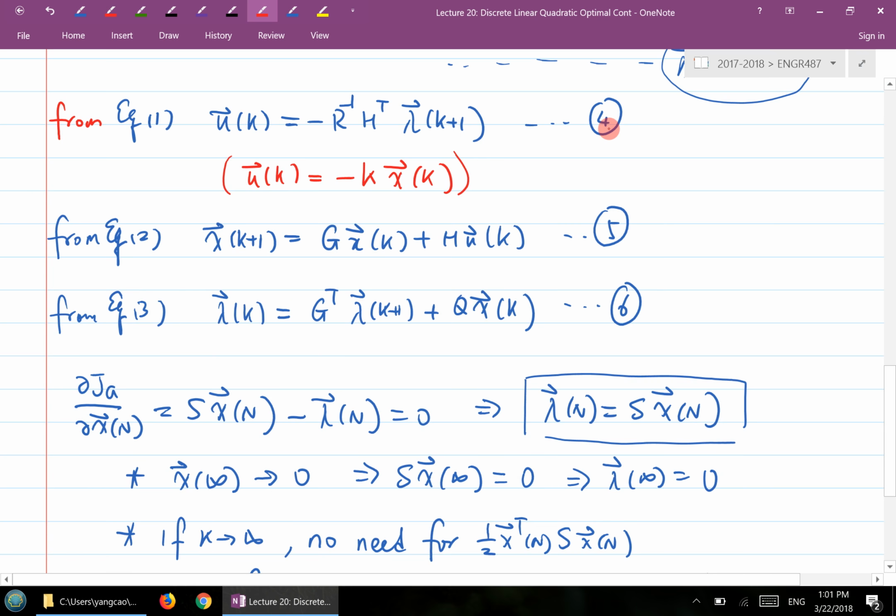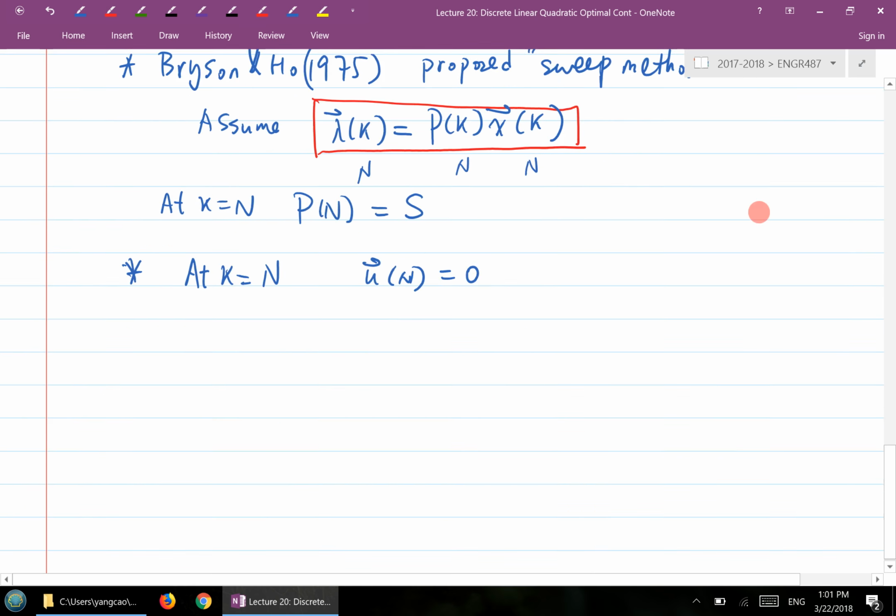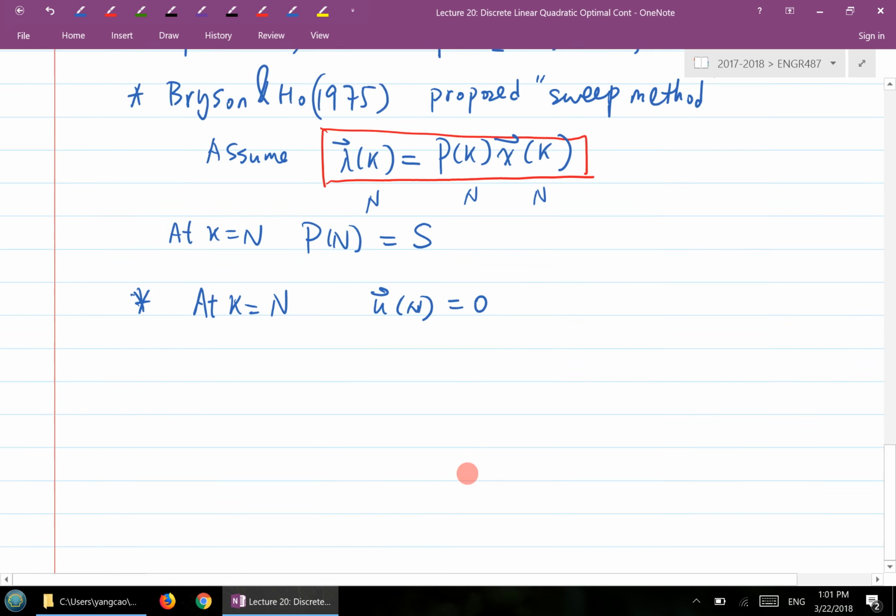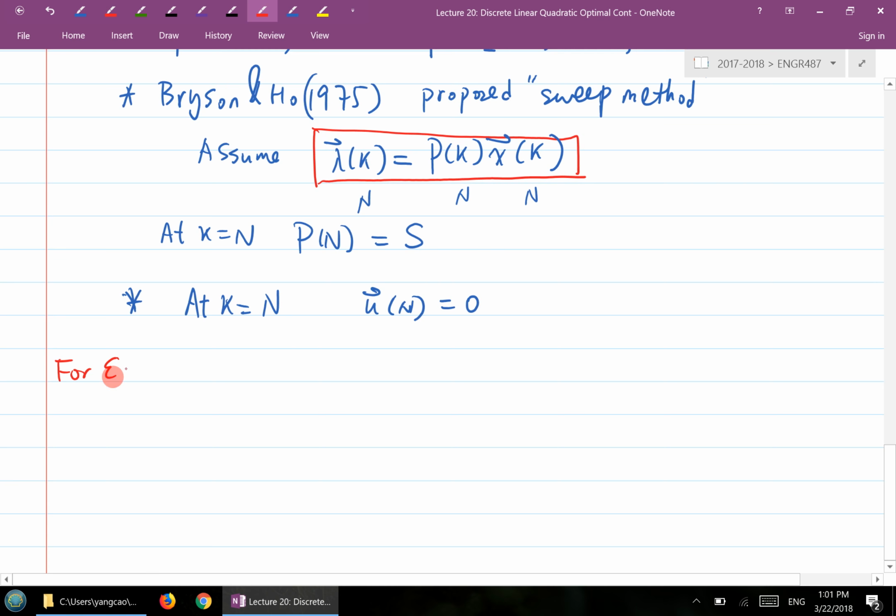We assume that lambda k equal to P of k times x of k, and so for lambda of k plus 1, equation 4 becomes u of k equal to negative R inverse times H transpose times P of k plus 1 times x of k plus 1.